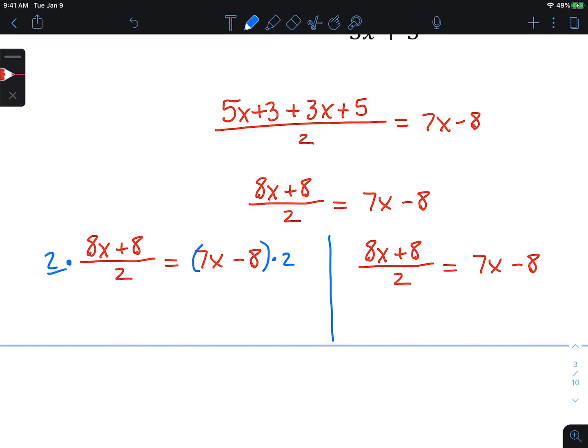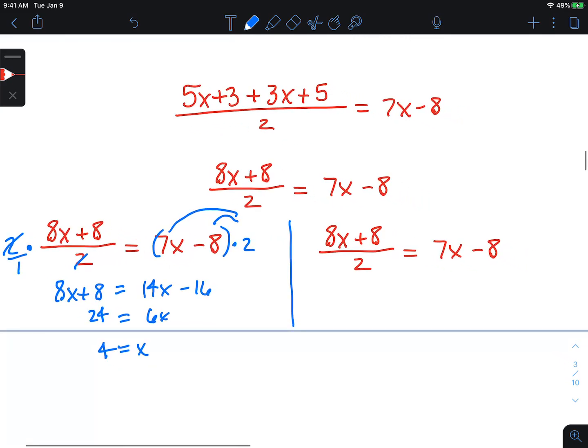Over here on the left-hand side, the 2's cancel out, and then you're just left with the 8x plus 8. And then when you distribute over here, this would be 14x minus 16. And then you go get x by itself. 6x, add the 16, that's 24. That's x equals 4.